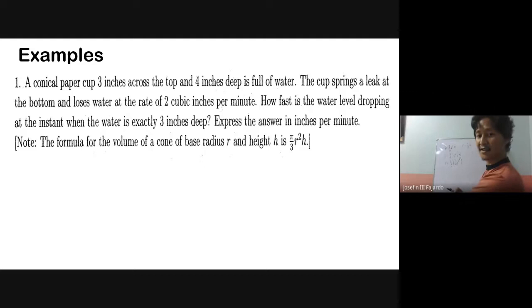Okay? Can you follow? Simplify pa natin ito. So, the volume now will be equal to 3 pi over 64 h cubed. Okay? Tama? Nakuha ba? So, with this, pwede na tayong dumiretso na mag-derivative.